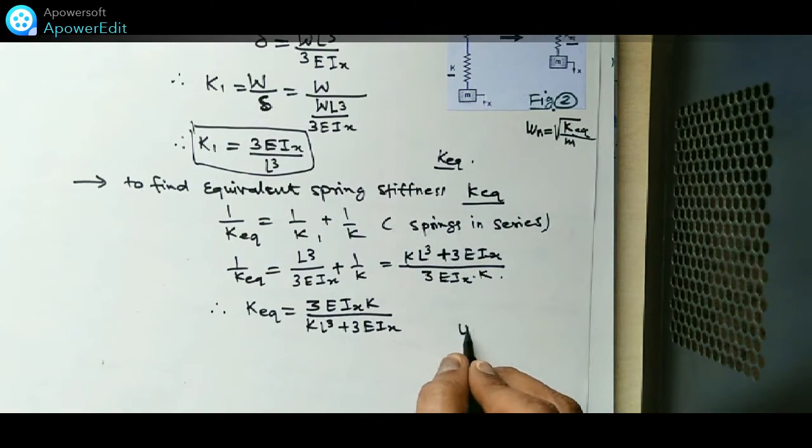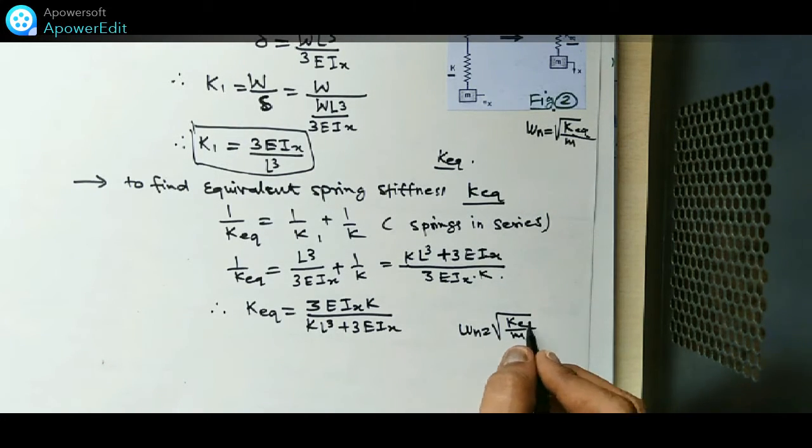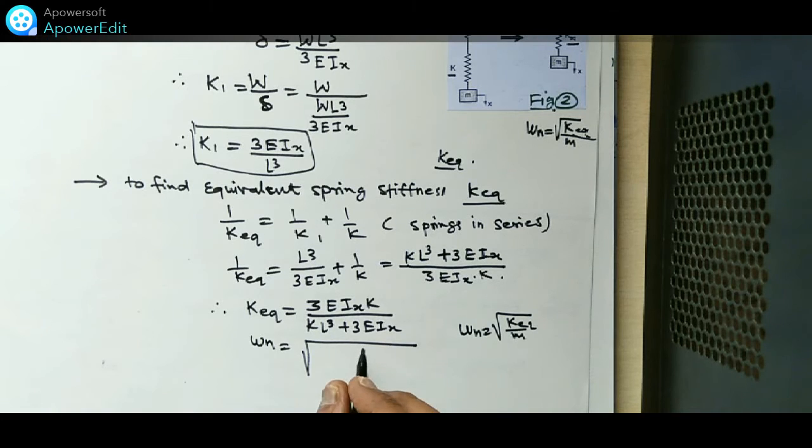We know omega n is equal to under root of K by m. So we put the value of K equivalent here, and we get omega n equal to under root of this value of K, and in the denominator we have to add m.